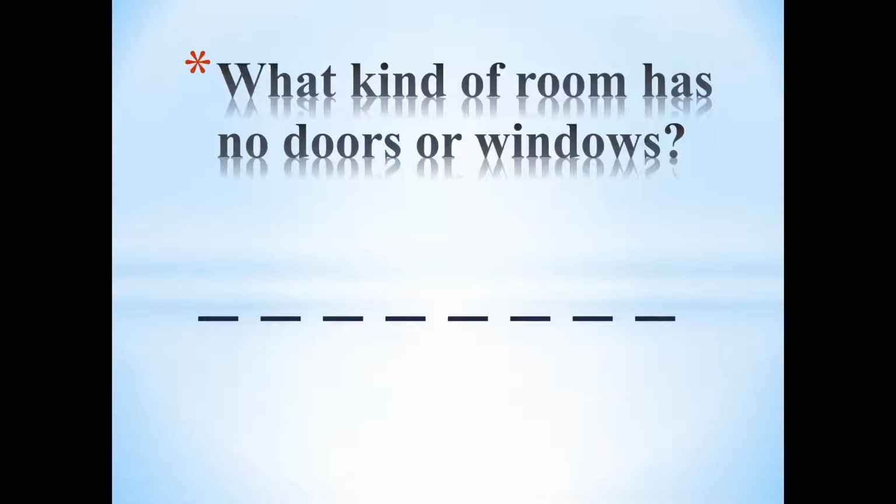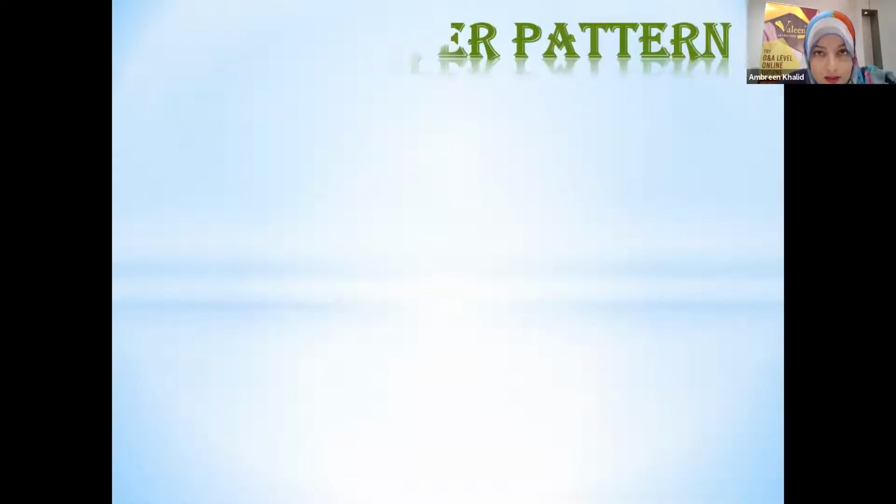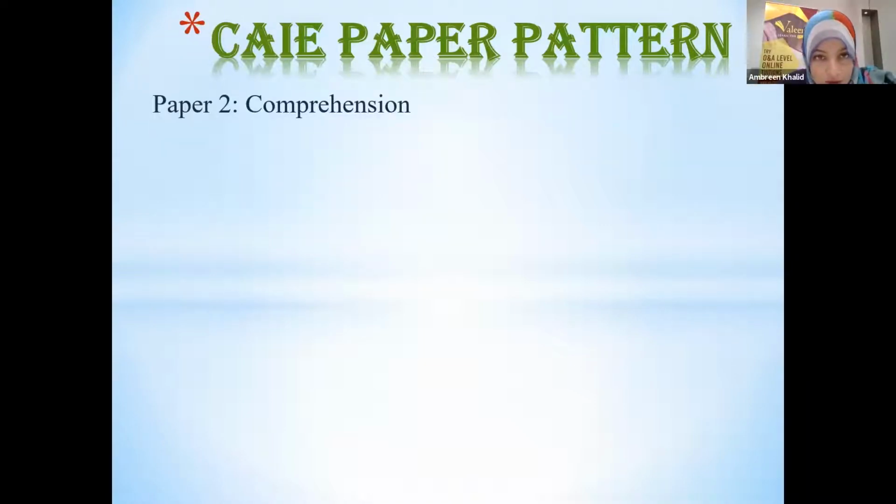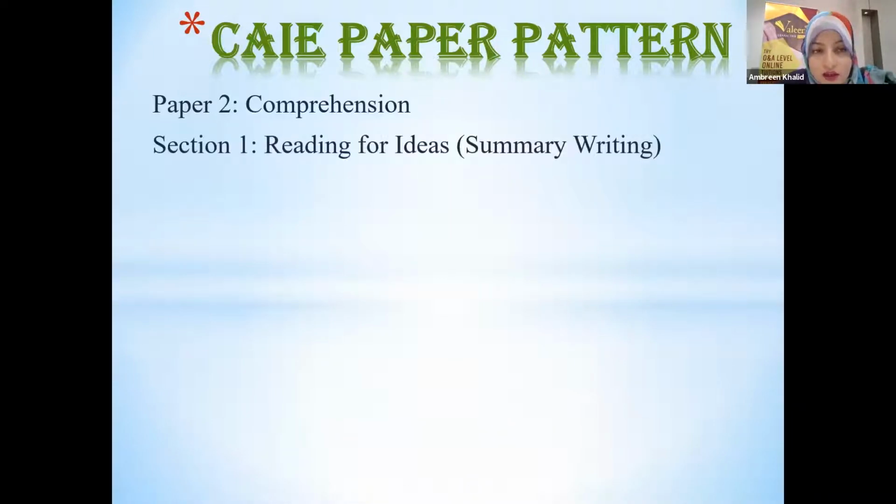So, moving on to the paper pattern. We are now talking about paper 2 comprehension. It has section 1, which is reading for ideas, summary writing. We are not touching upon it.